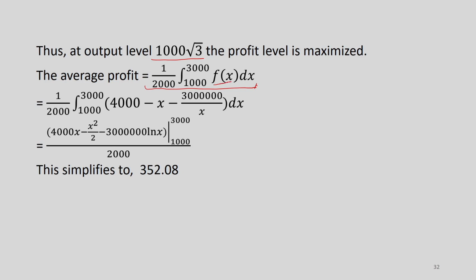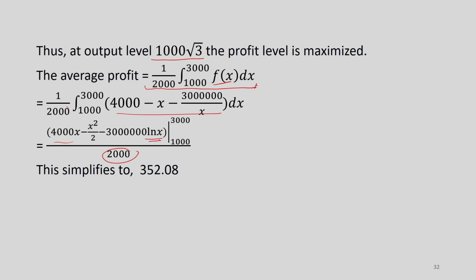I write the profit function here, f(x), which is 4000 minus x minus 3 million divided by x, and I am dividing this whole thing by 2000. So, 2000 is appearing here, and integration of this is 4000x minus x square divided by 2 minus 3 million times the integration of 1 divided by x. What is that? It is log of x.